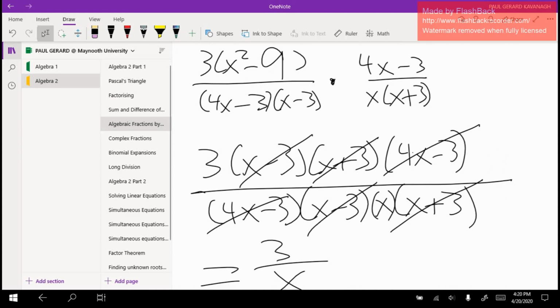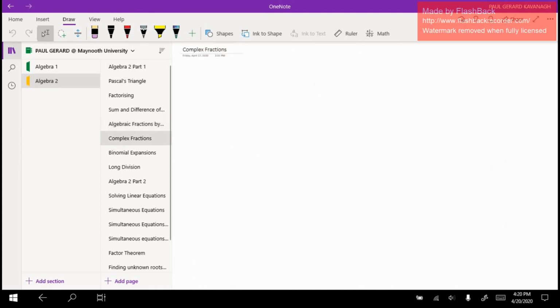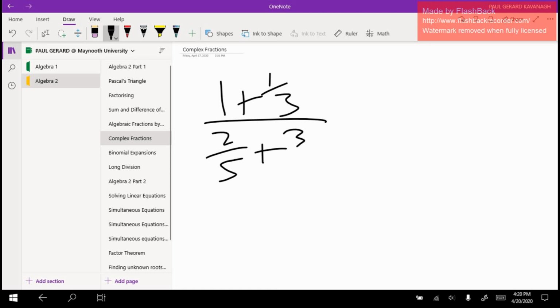Okay, I'm going to go into complex fractions. Now, let's just give an example here. Say it numerically: 1 plus a third, over 5 plus 3 over 7.